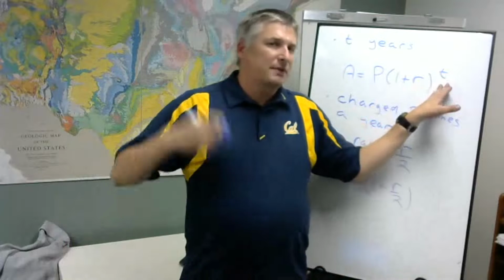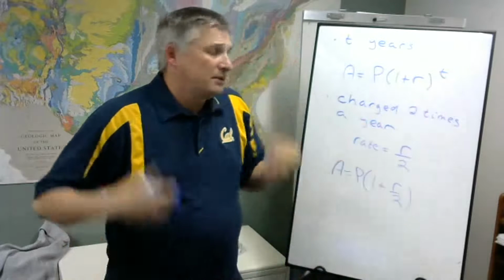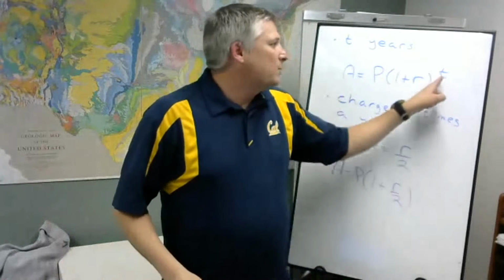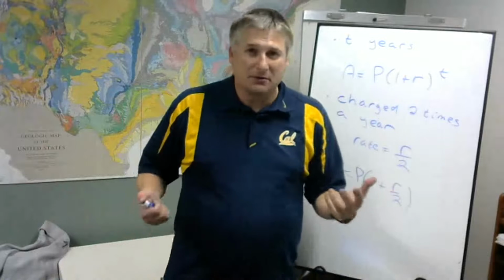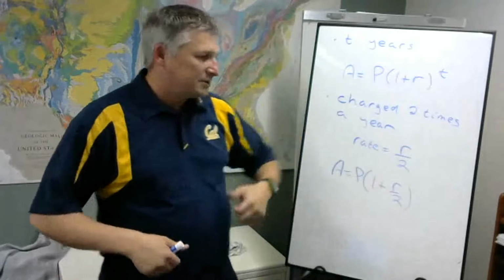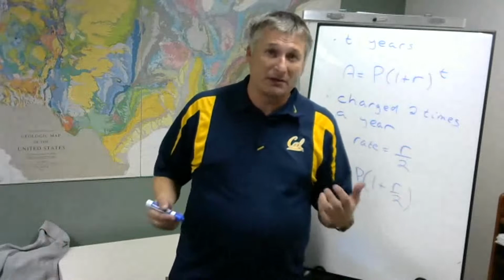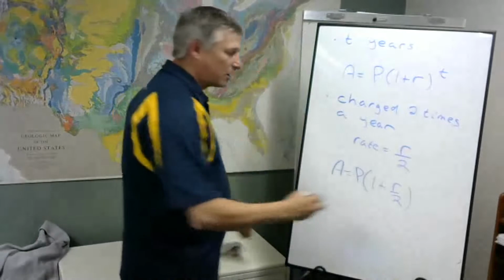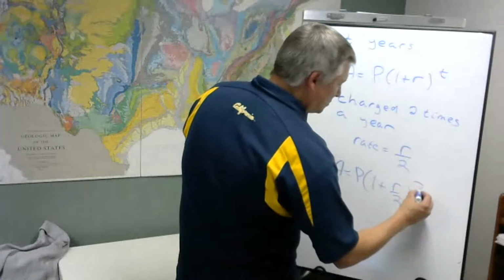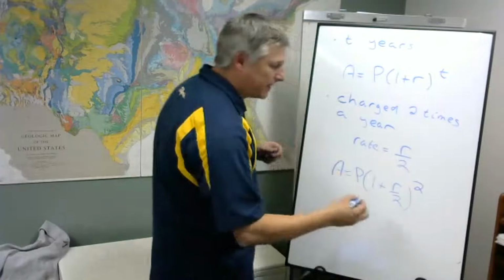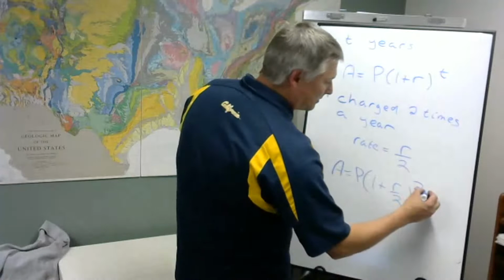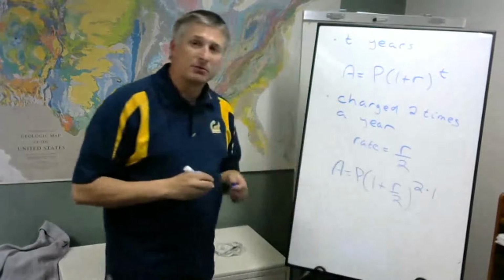Now, since we were charged at the end of each year, the number of times we're charged is equal to the number of years in this case. But let's say we're talking about 1 year. How many times are we charged in this 1 year? Well, we're charged 2 times. And so we typically write this as the number of times per year times the number of years.